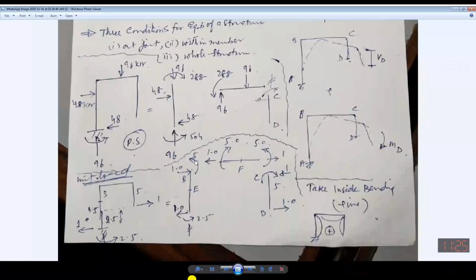Similarly, if you are considering the horizontal member, this is 5 in this direction, it should be in this direction, and this is 1 in this direction. So the joint is in equilibrium, this member is also in equilibrium. Similarly, this joint is in equilibrium, 1 in this direction, this in this direction, this is 5, this is 5. Similarly, this one, and this is 5.